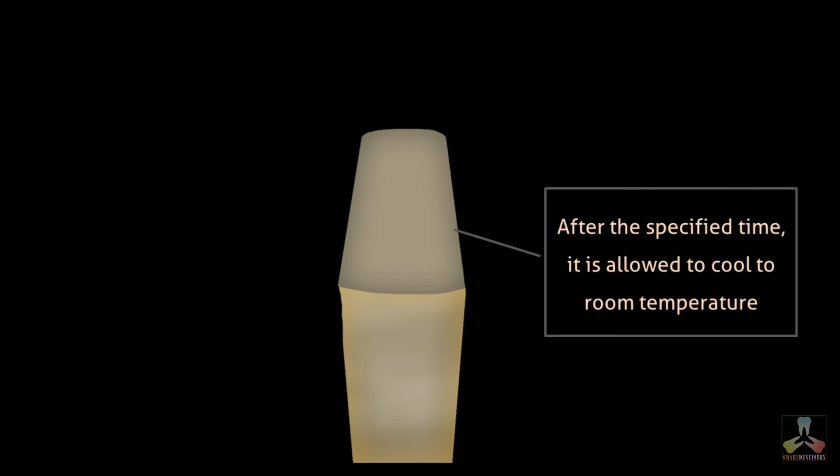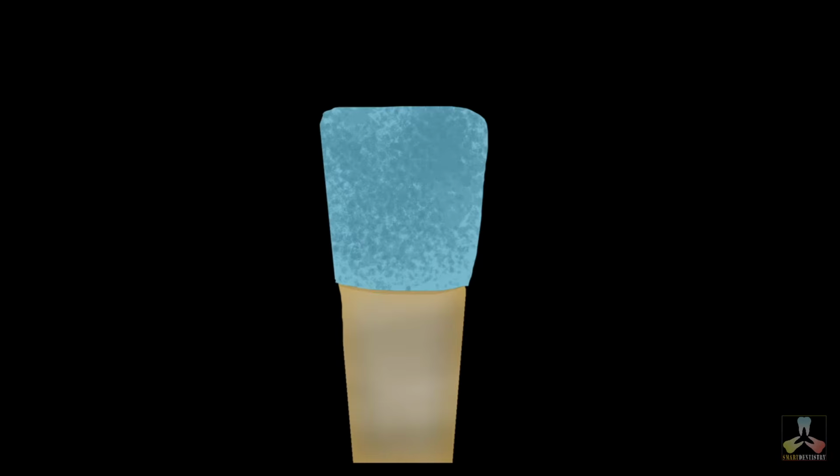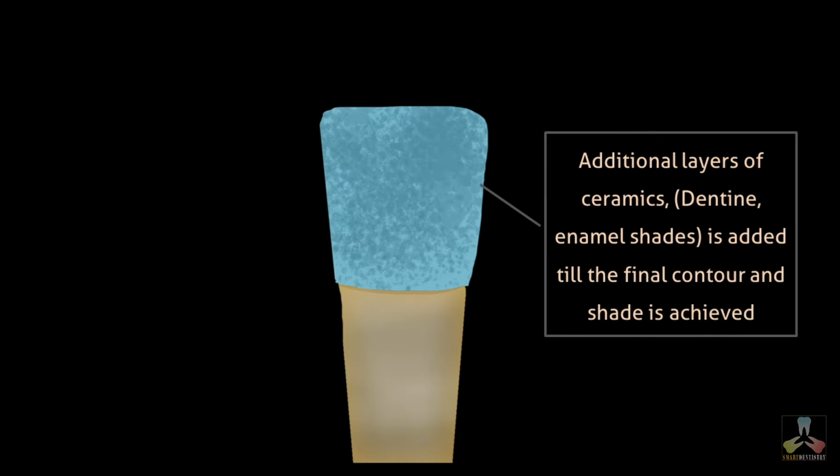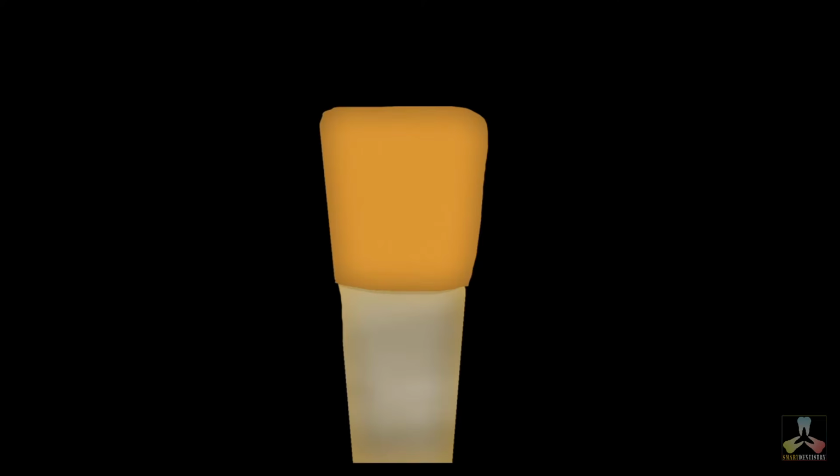Once the ceramic is fired, it will lose the color added to it and will return to its original tooth shade as chosen by the dental technician. The procedure is repeated by adding different shades of ceramics to match the natural shade of the tooth selected. This procedure of adding layers is called veneering of ceramics.